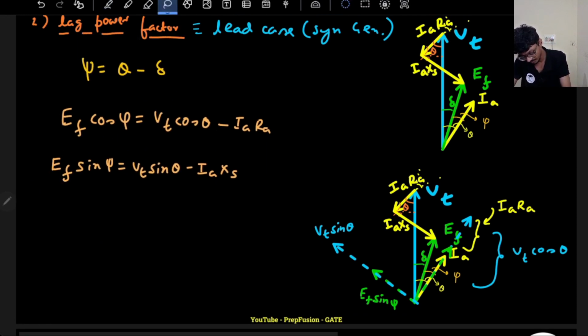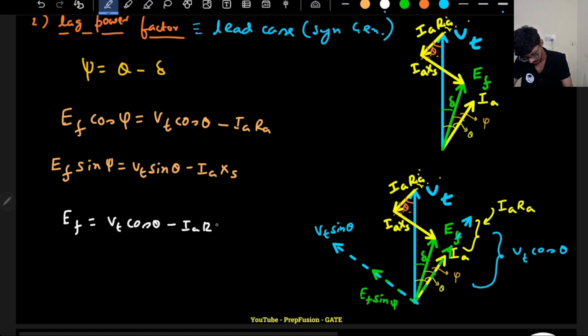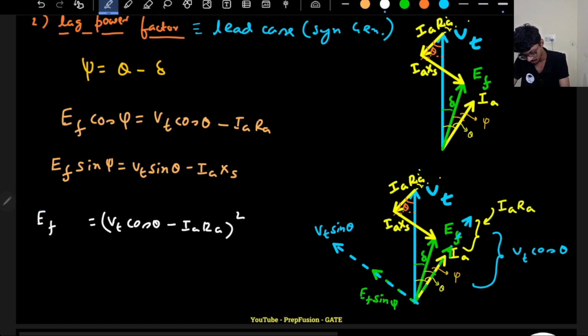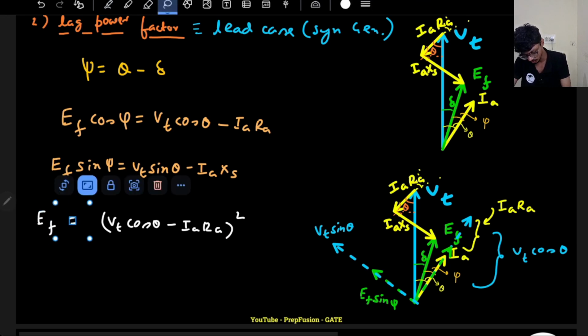So E_f will be what? If I take the whole square and take the under root, I will be able to find out E_f. So E_f will be Vt cos theta, or you can write any one you like first, I_a R_a whole square. I'm squaring and then adding the both two and then taking the under root, right? So sin square xi plus cos square xi will be 1.